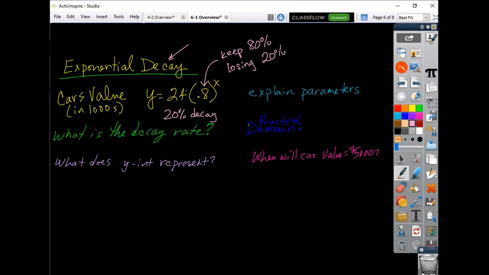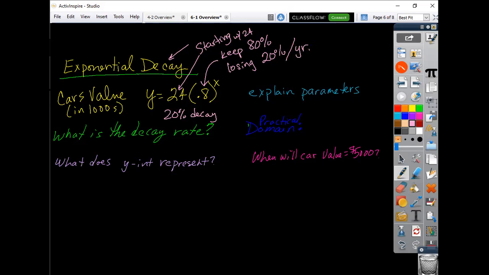This 24 is how much I'm starting with. So I'm starting with 24 of whatever they are. Okay, in this case it says the value and it says it's in thousands. So this is a car that started out at 24,000 and decayed, depreciating, and when it's losing its value, it's depreciating by 20% per year usually would be the units on that.